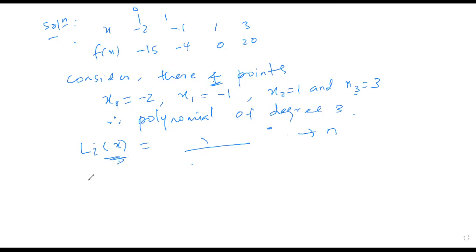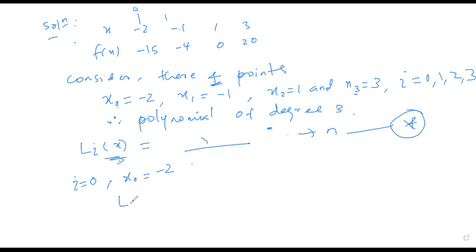Now we're going to use it according to our example. Here you can see 0, 1, 2, 3. Only this many points I have. So you can take this one as the main equation. I'm going to use this equation for i equal to 0, and my x naught value will be -2.